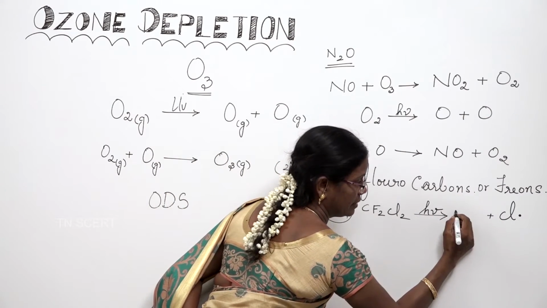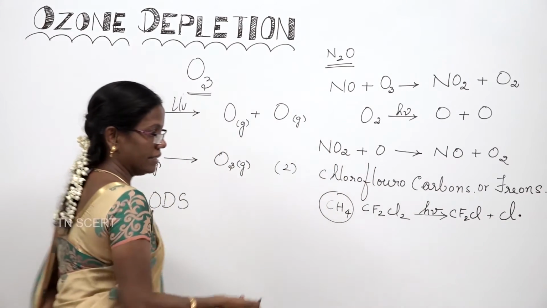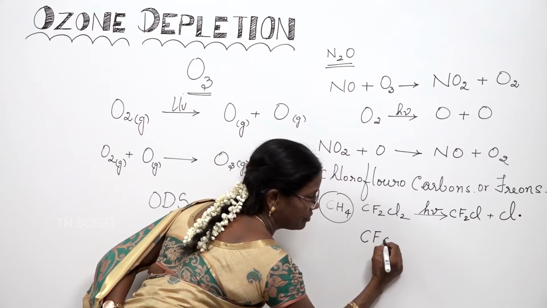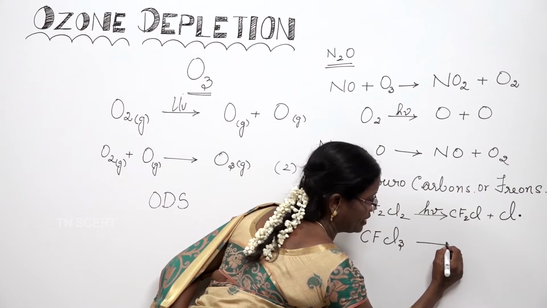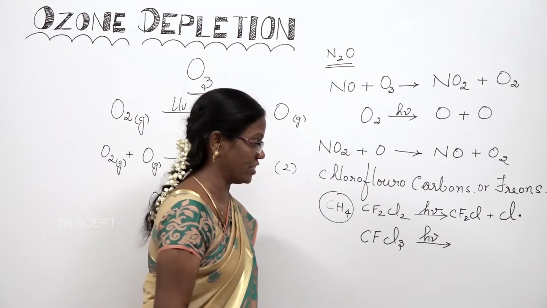So, CF2Cl. Then again there is another chlorofluorocarbon, CFCl3. Here also in the presence of sunlight. These are all photochemical reactions.